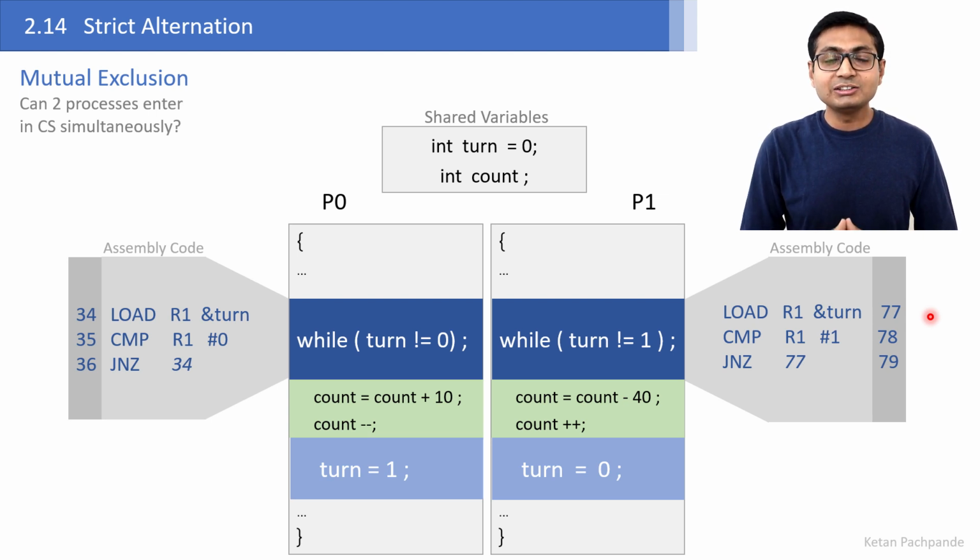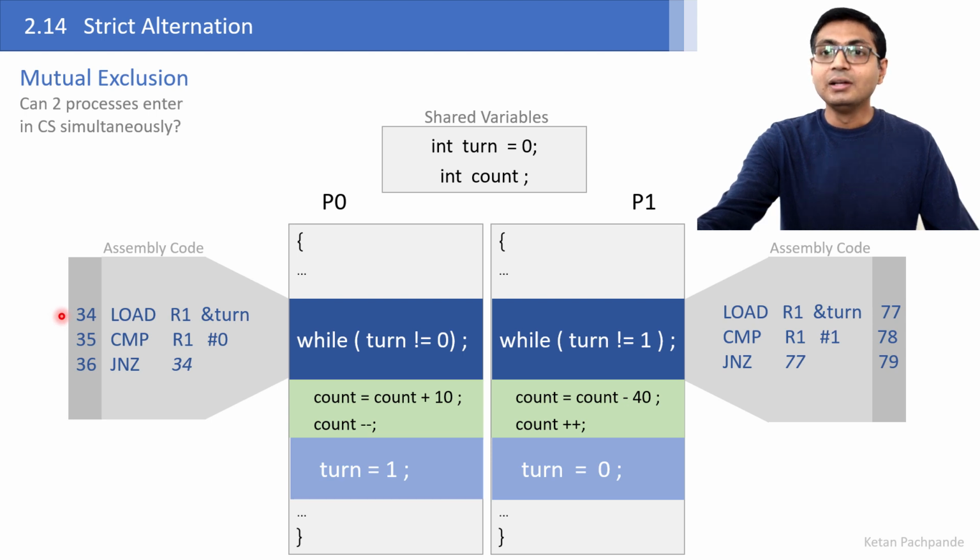Because ultimately what CPU is going to execute is the binary instructions one by one. And the assumption is that preemption of a process can happen after execution of any of these instructions. Isn't it?